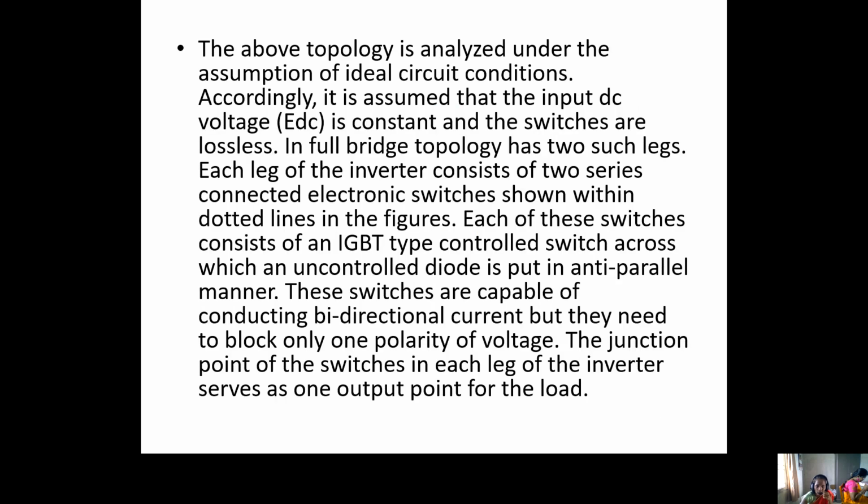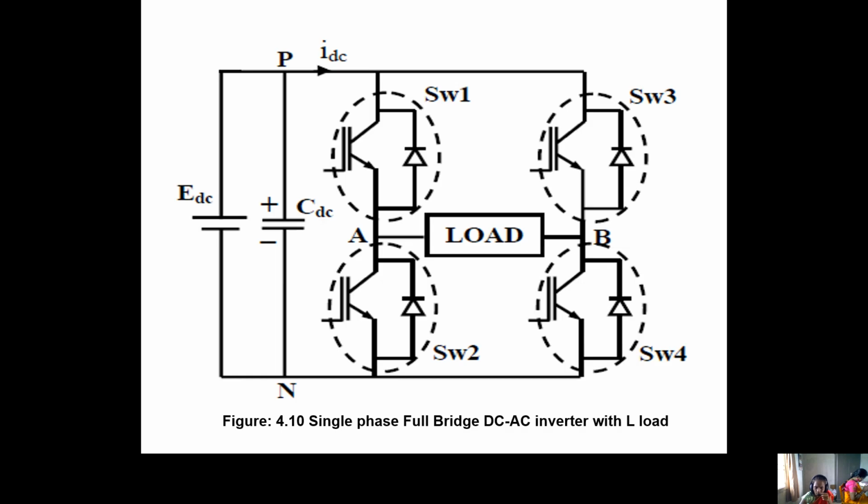So the above topology is analyzed under the assumption of ideal circuit conditions. Accordingly, it is assumed that the input DC voltage EDC is constant and the switches are lossless. So the full bridge topology has two such legs. Each leg of the inverter consists of two series connected electronic switches shown within a dotted line.